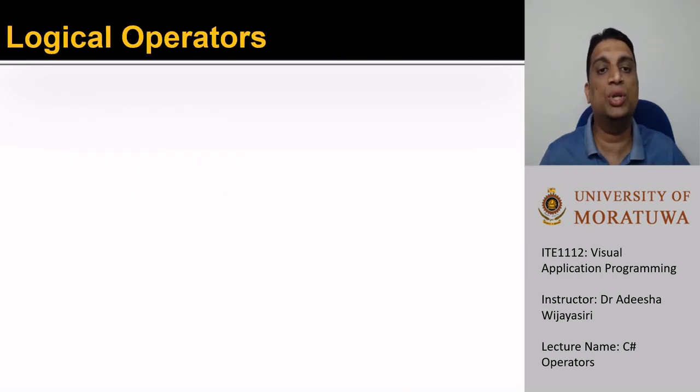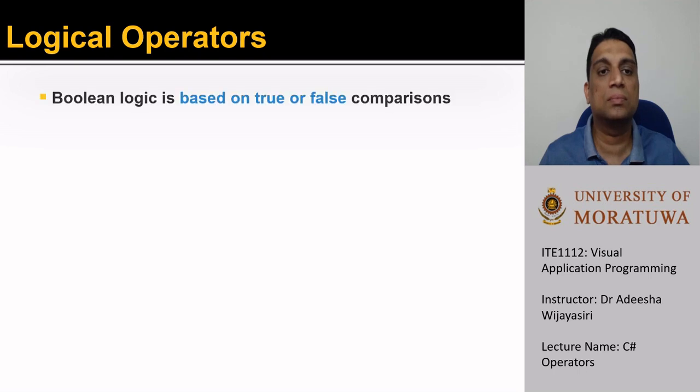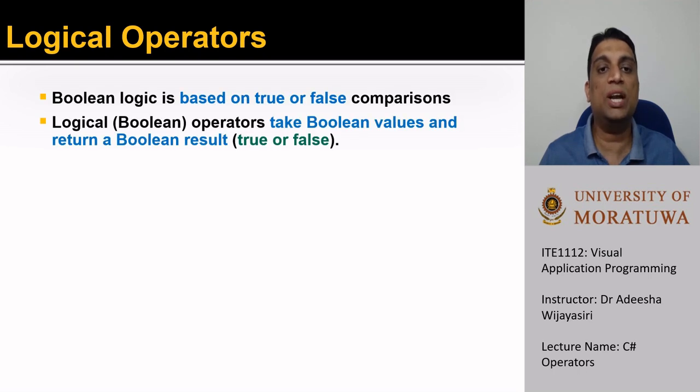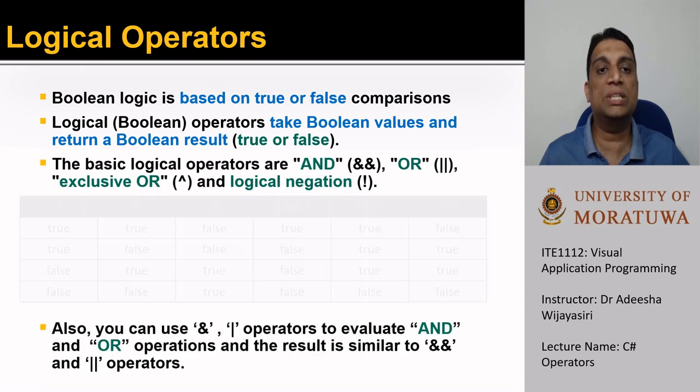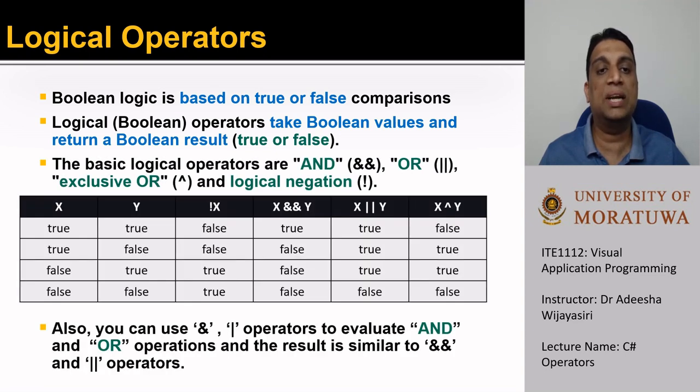Next, we have logical operators category. Operands for the logical operators are only true and false values. They take Boolean values and return a Boolean result. Output of conditional logical and, conditional logical or, exclusive or, and negation operators are shown in this table.